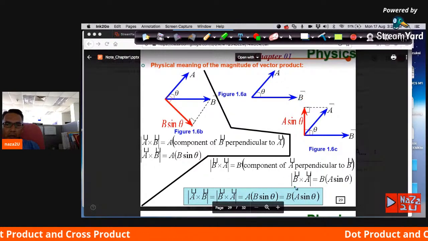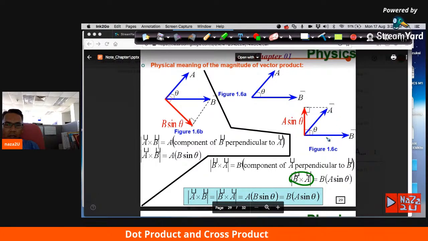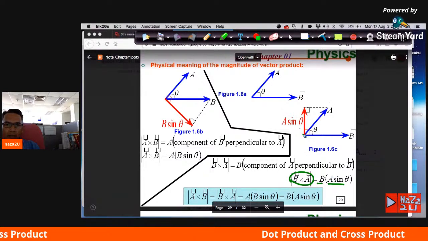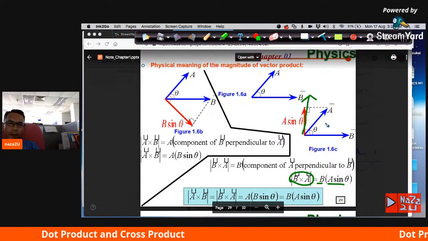So if we take B cross A here, this is B cross A, so we have B A sin theta. This is the direction of A sin theta, right?